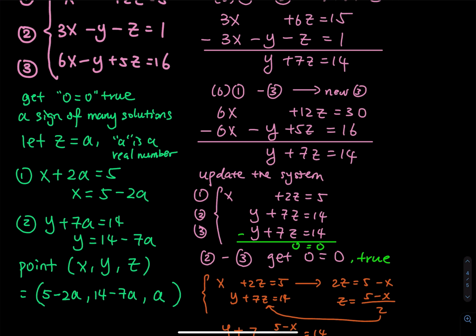Can you let a equal 0? Absolutely yes. When a equals 0, then x equals 5, y equals 14, z equals 0. When a equals 1, then x equals 3, y equals 7. So every time you want to find a solution, you just pick some values for a.